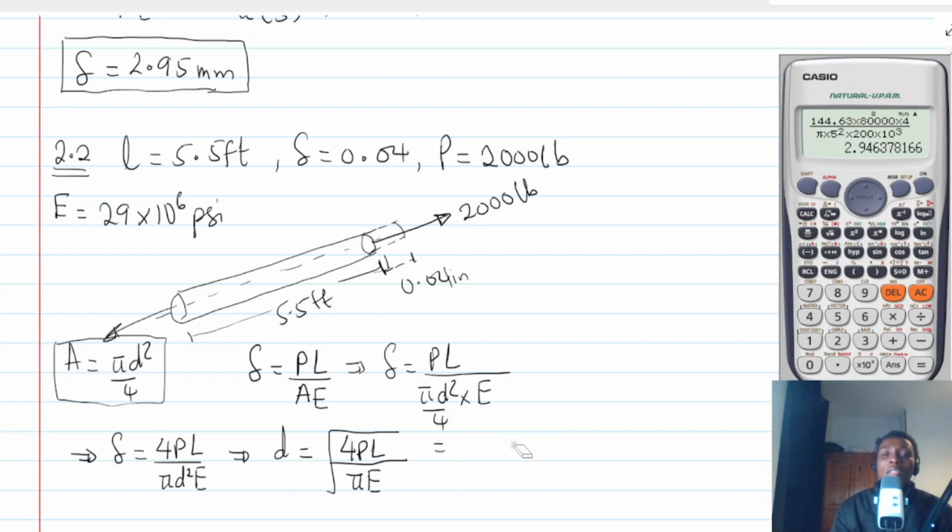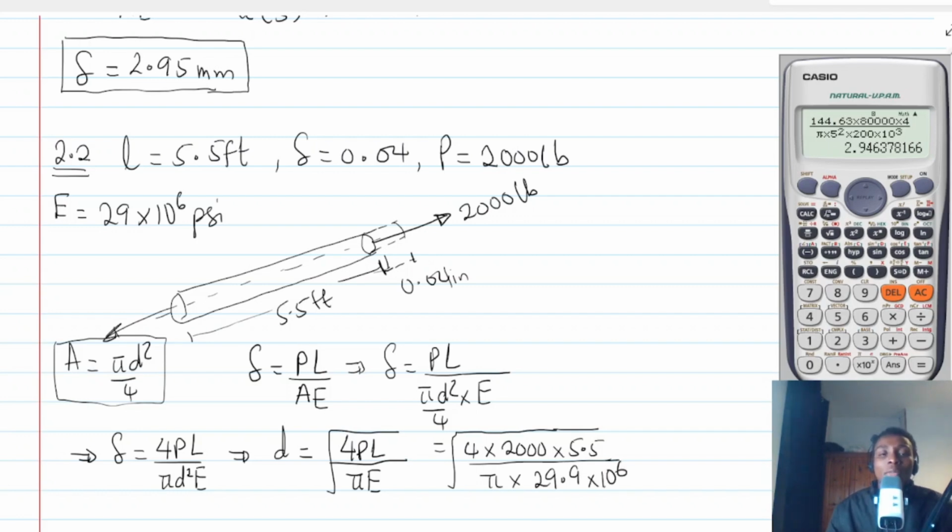All right, having done this, let's put the values inside. We get 4 multiplied by P, which is 2000, multiplied by 5.5 feet, divided by pi, multiplied by 29 times 10 to the power 6.